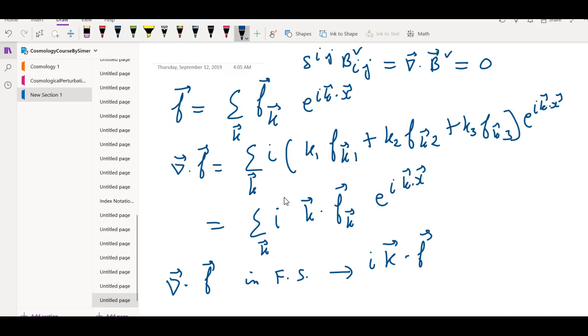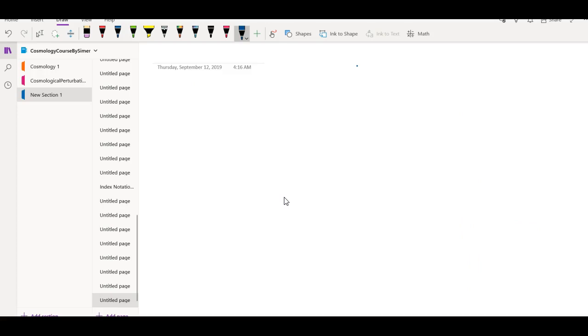So del dot F becomes iota k dot F. So if del dot B_v is 0, that means in Fourier space k dot B_v is 0.